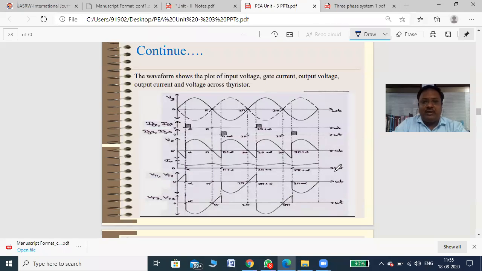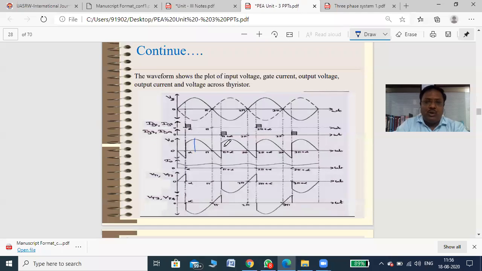If the value of the inductor is small, then again you will get a discontinuous load current. Not a constant, but a continuous load current.